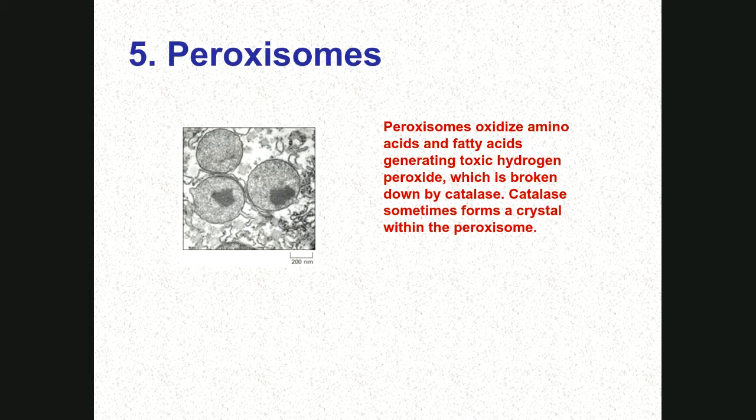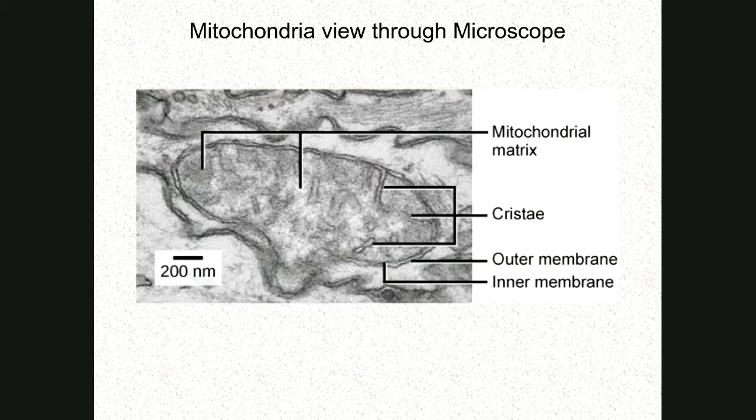Mitochondria. The major function of the mitochondria is a factory of ATP. This is where the ATP, adenosine triphosphate, is being produced. And you know what ATP is? Adenosine triphosphate. It's an adenosine, nitrogenous base, plus a triphosphate group.